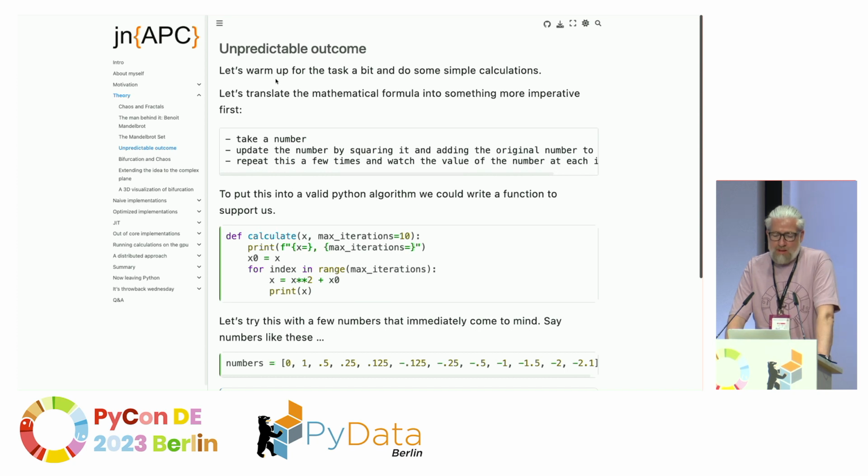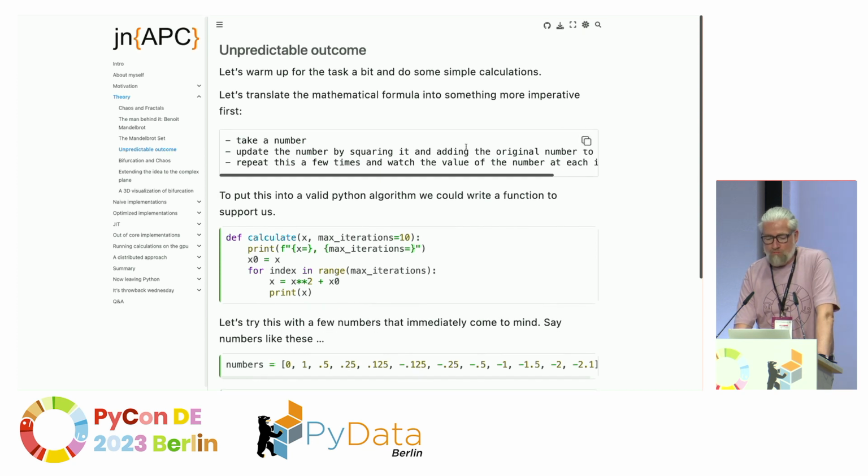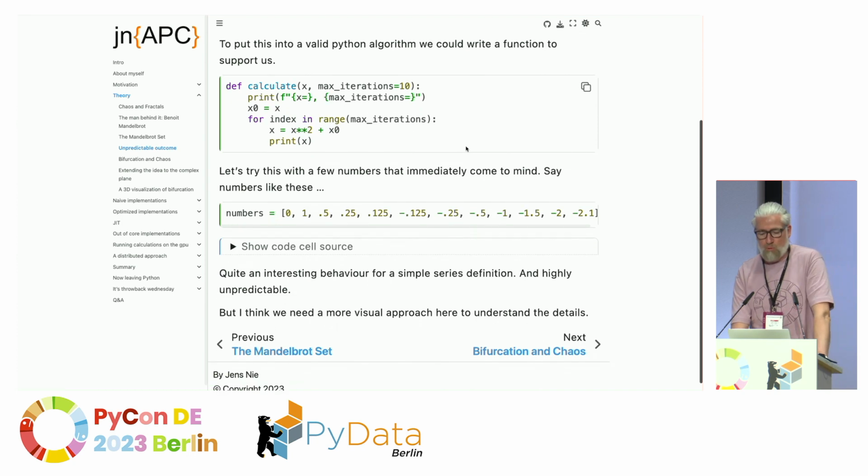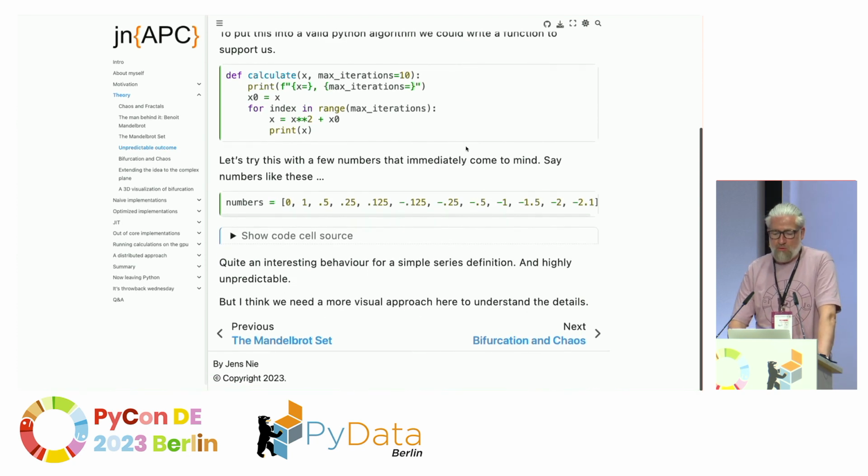We start off with using that very number as x0, iterate the formula by squaring it, adding the original value, and print the outcome. And we're looking at that for some numbers that immediately come to our mind, like those numbers, 0, 1.5, these things. And see where things really go when iterating that function.